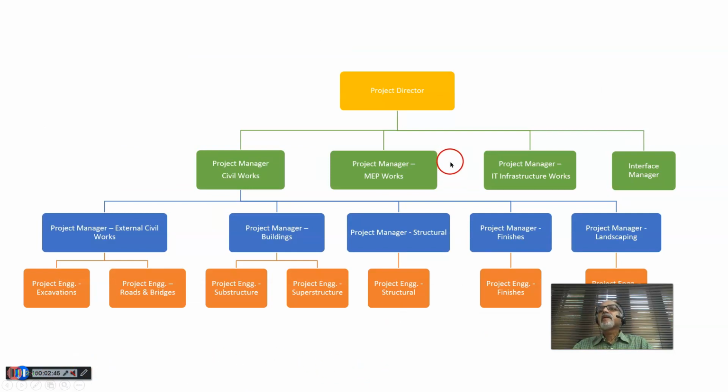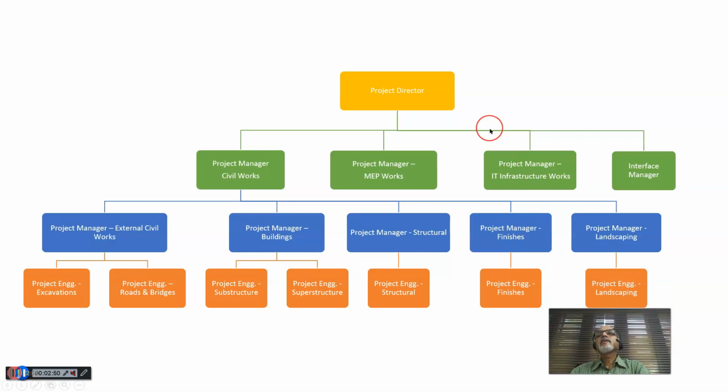This is an example of a project's organization breakdown structure. We have the director, then project manager civil works, project manager MEP works, project manager IT infrastructure works, and an interface manager.